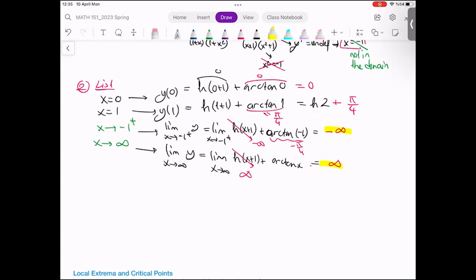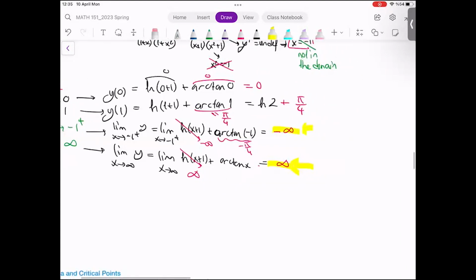That's why the absolute minimum value, minus infinity, can never be attained. The absolute maximum value, we can never reach it. We can never attain it. So we will conclude no absolute max, no absolute min. They both cannot be attained. Okay. No absolute min because minus infinity can never be attained.